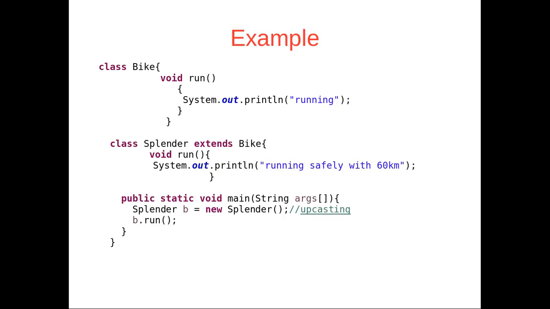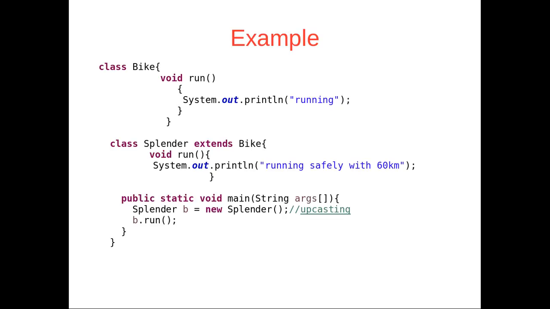Then in the main class, when we create an object of the Splendor class and call the run method using this reference variable, the Splendor run method will be called, because of inheritance.